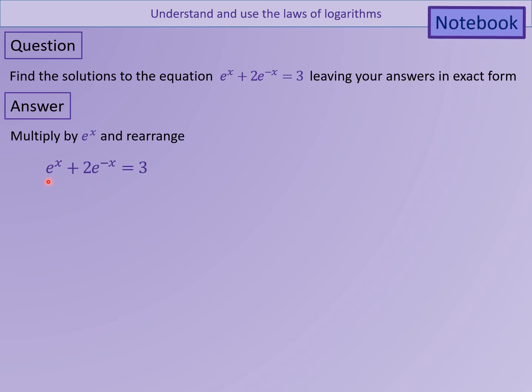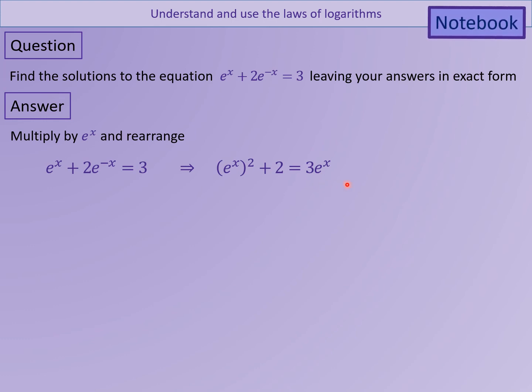So by multiplying all 3 terms by e to the power of x, it's going to get rid of that denominator, or if you'd like to think of it as getting rid of the negative power, then that is the purpose of doing that. So here is the result. So the first term will become e to the power of x squared. The second term will end up just equaling 2 because the denominator of e to the x has disappeared. And then the 3 will become 3e to the power of x.